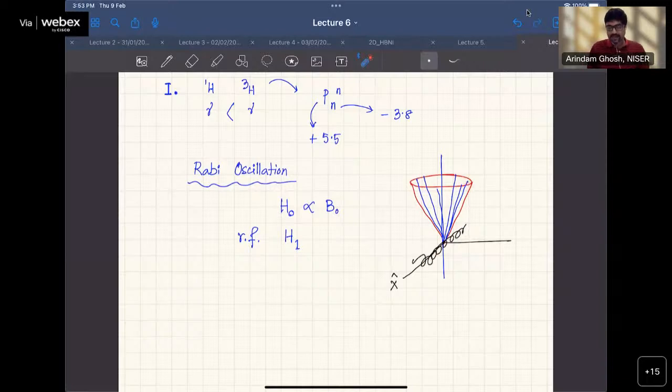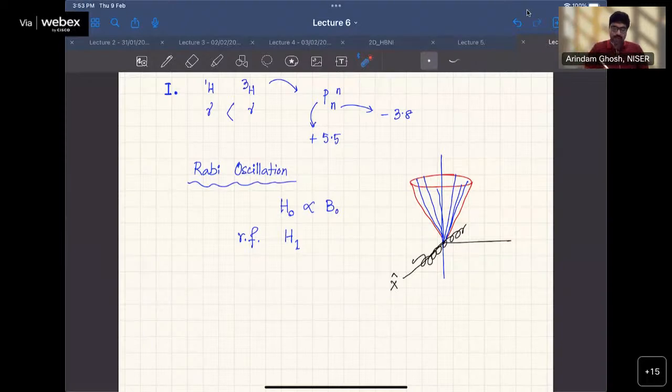But again, I must always tell you that this picture I have tried drawing is a classical vector picture for a quantum mechanical thing happening inside. This coherence, which is a coherence between the alpha and beta states, is an absolutely quantum mechanical concept.